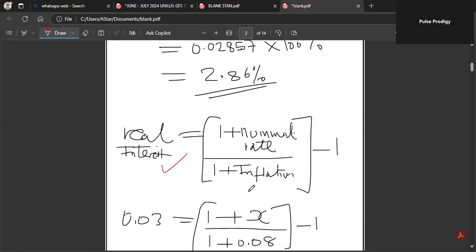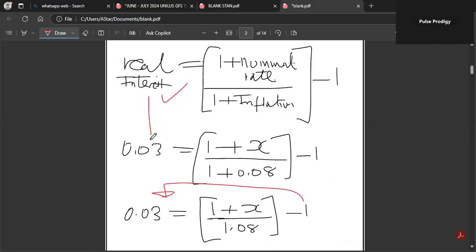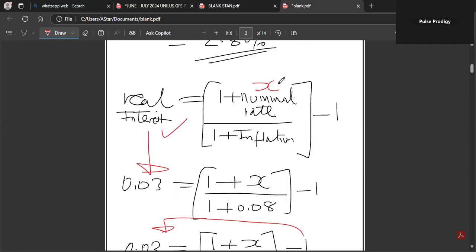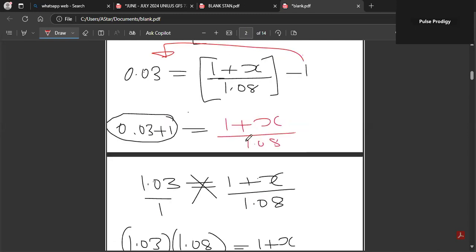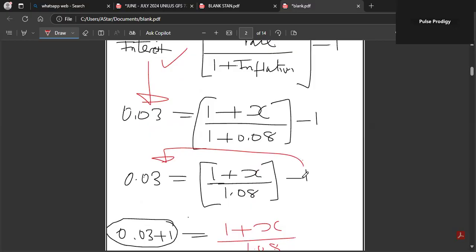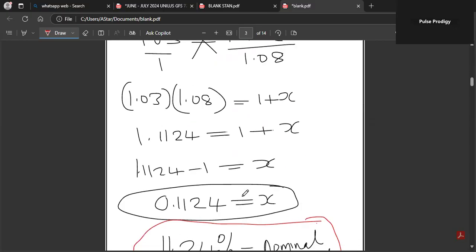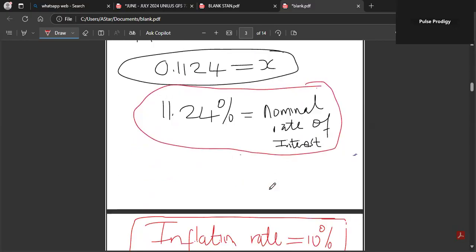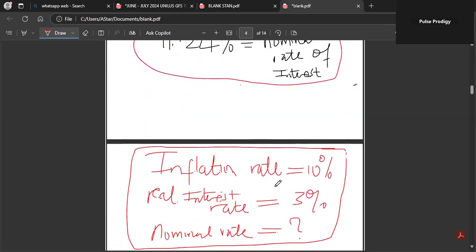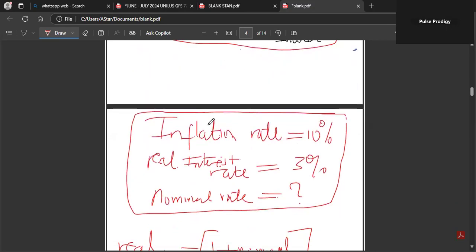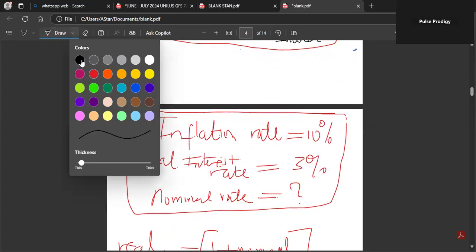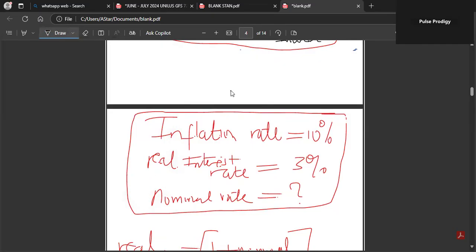Then here, they had given us the real interest rate and the inflation rate to find the nominal rate. So we found the nominal rate, after cross multiplying, taking the one the other side, as 11.24%. Then here they are giving us the inflation rate of 10%. And of course, there's the aspect of, so there's a 10% here.